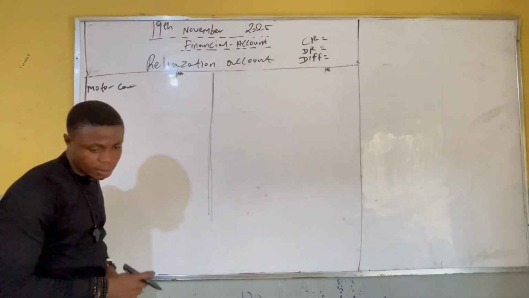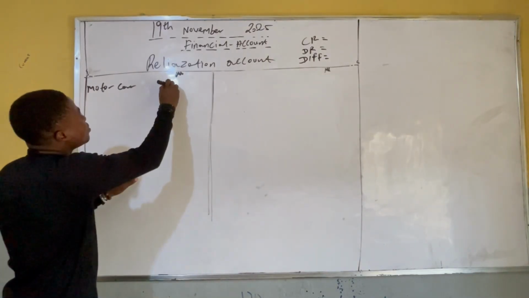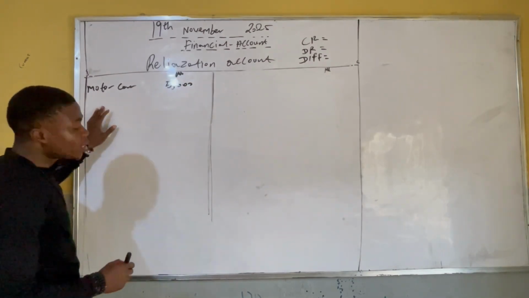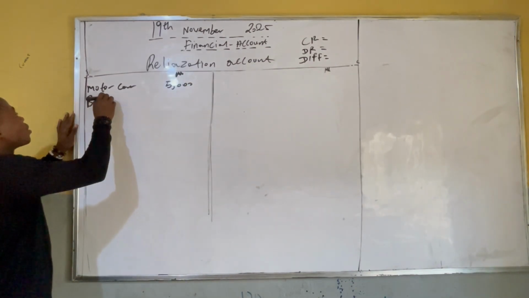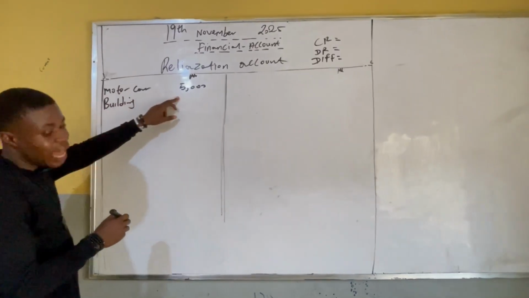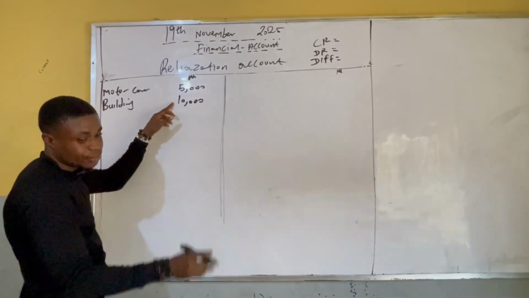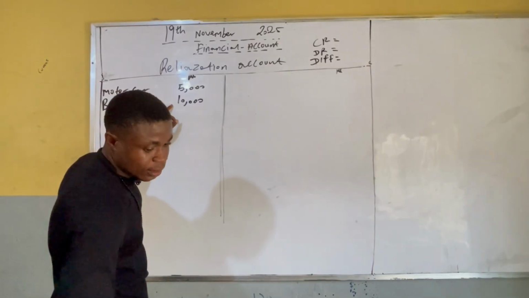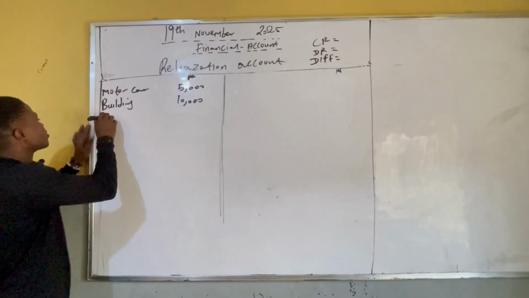It is 5,000 naira. What again? We are being given building. How much is the building? 10,000 naira.